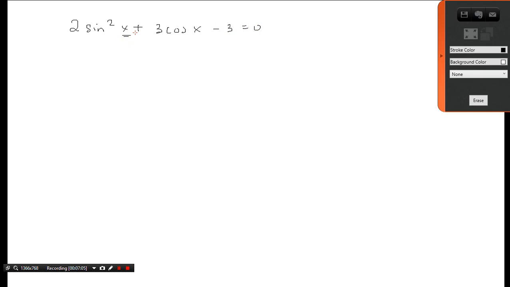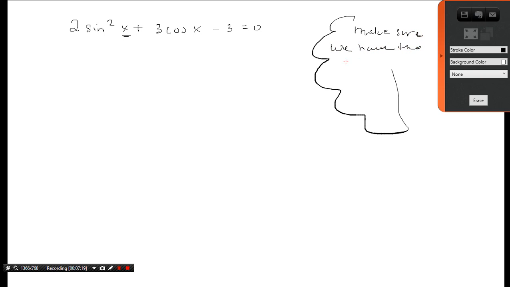They all got to be the same angle. That was the first big key. And the second one was we need the same trig function.